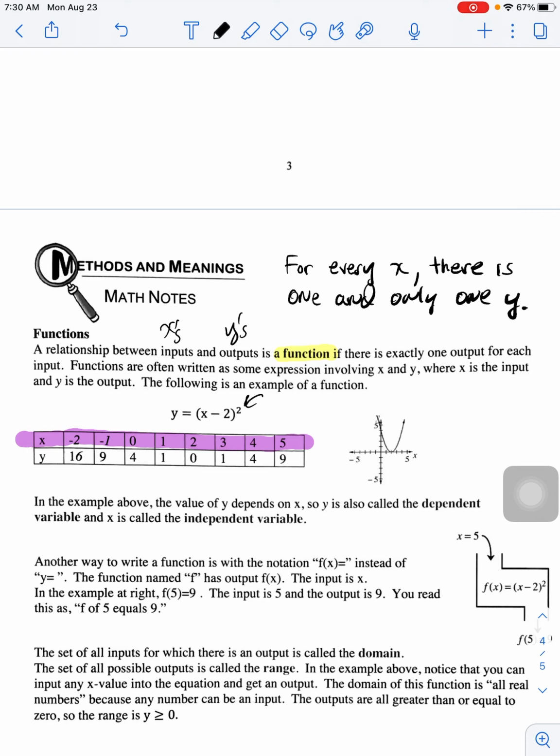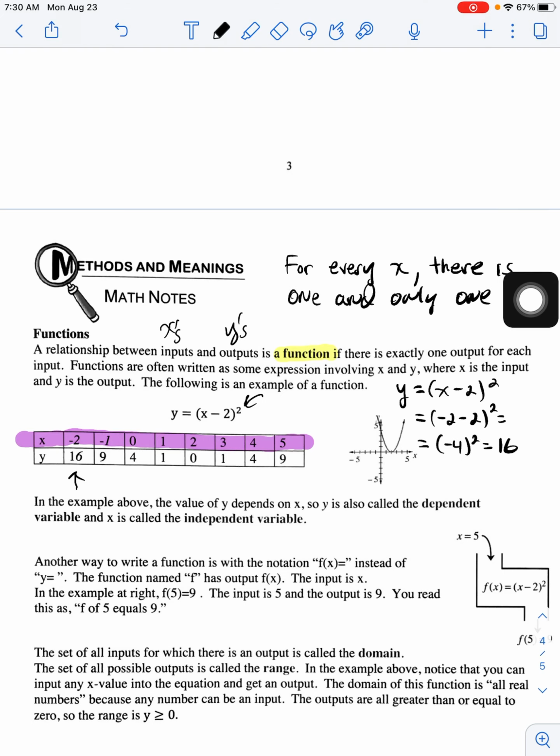So what they're doing is they're literally taking the equation y equals the quantity of x minus 2 squared, and if you're picking -2 for x, you're literally plugging in. So you've got -2 minus 2, which gives you -4 squared, which gives you the positive 16. So if you're doing this by hand, that's where that 16 is coming from.